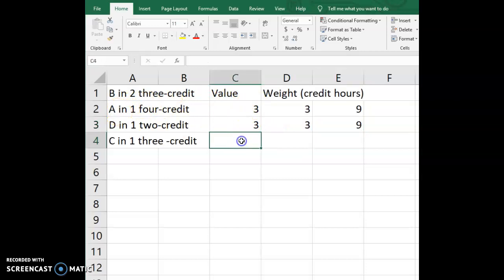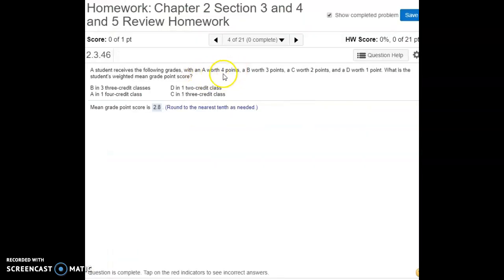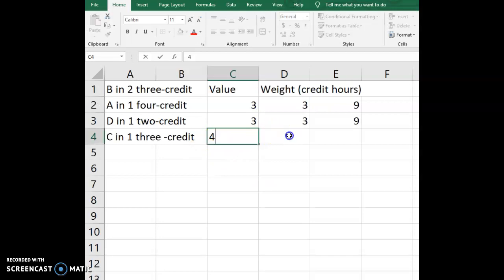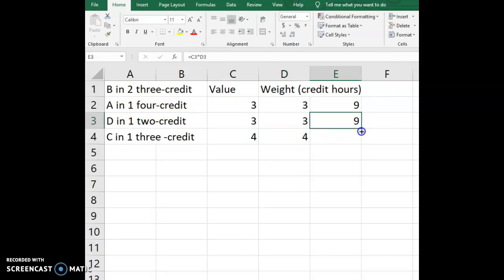I have an A, which is weighted with 4, and A is a value of 4. I'm getting those just from the problem here, A4, B3, C2, and D1. And A is a value of 4, and the weight of that is a 4 credit hour class. So 4 times 4 is going to be 16, and that's what we get for our multiplication.